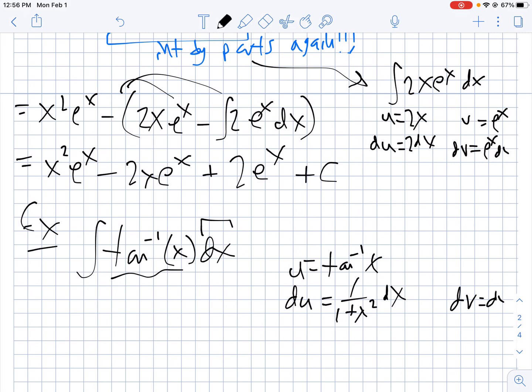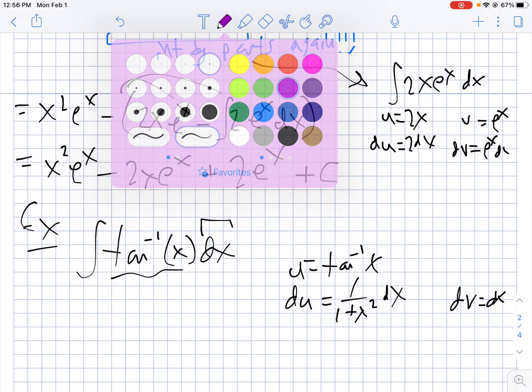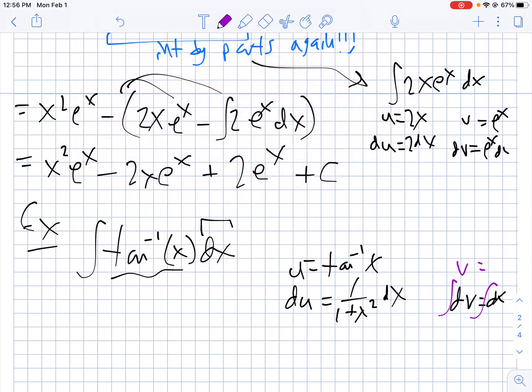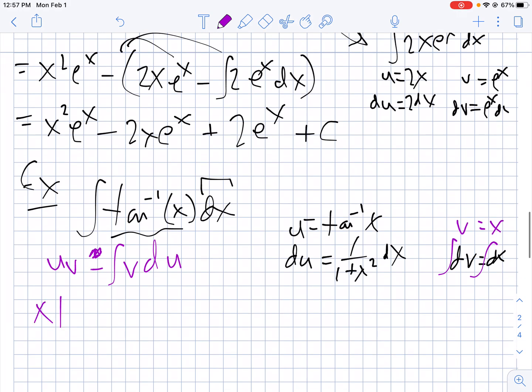The dv is just a dx. So then when I integrate that, I'm going to get my v as just x. Okay, so when I set up my uv minus integral v du, this just becomes x times inverse tangent of x minus integral of x over 1 plus x squared times dx.